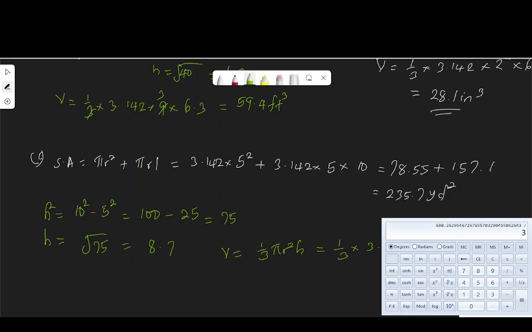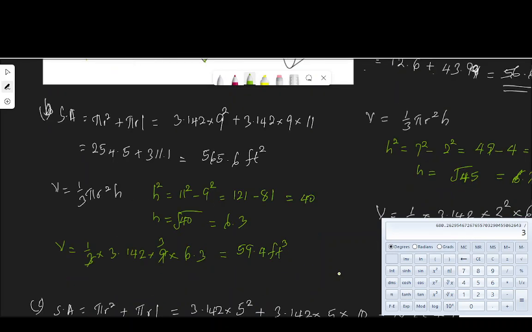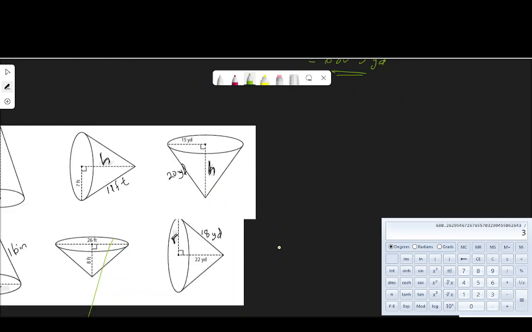And that gives us 680.3 approximately. 680.3 yard cube is the volume of this cone. And that is that for this first set of questions. Let's move on to the other ones here. Okay, let me create more space on the board.